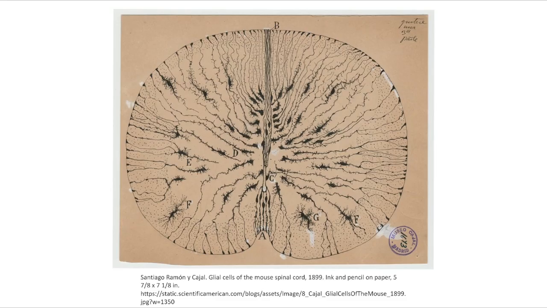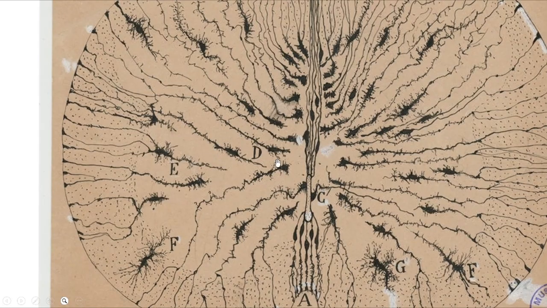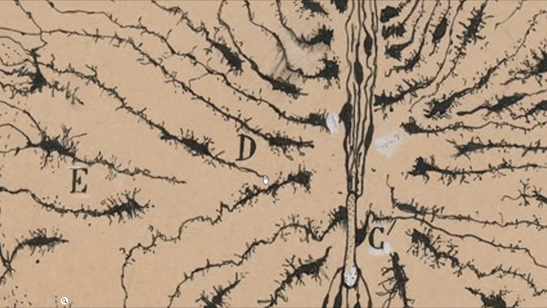Whereas Kahal and several others realized that this was not the case, that there were actually breaks, like the ones that we now call synapses. They were actually places where there is no staining.